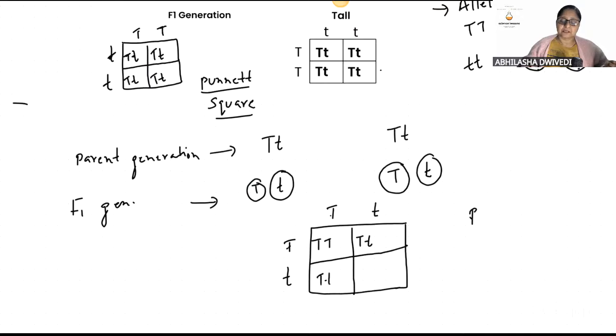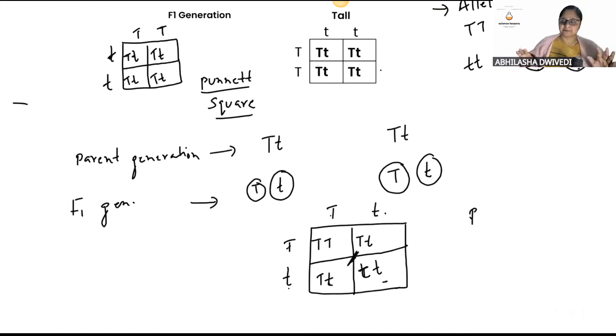Now look at this one. This is small and this is also small. Now we have different kinds of combinations, right? We have one homozygous dominant. These two are heterozygous, and this one is homozygous recessive, correct?